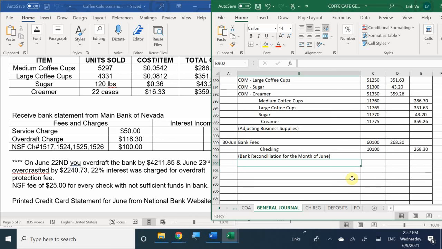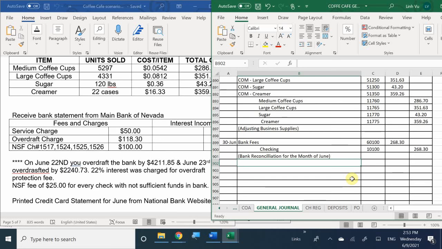Okay, so we didn't write any checks during the end of the month. I think we wrote one, but at the end of the day, that cleared because they probably received it at the end of the day. So there we have it, bank reconciliation for the month of June.